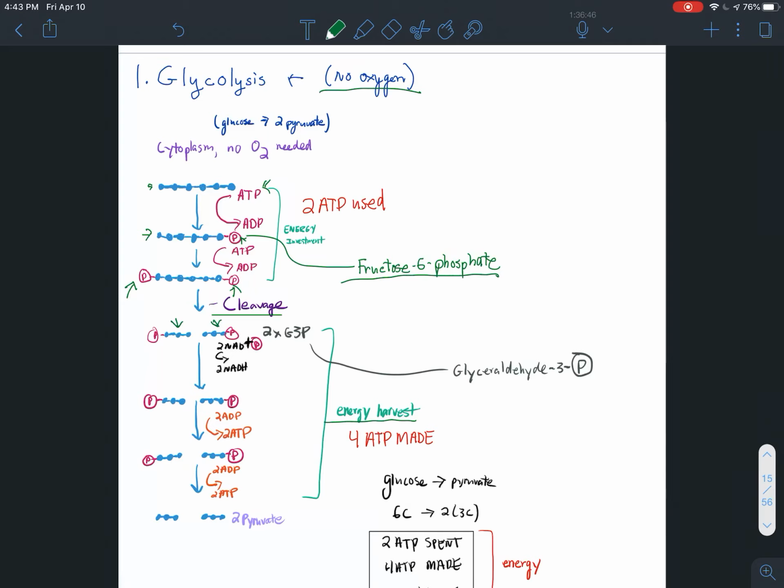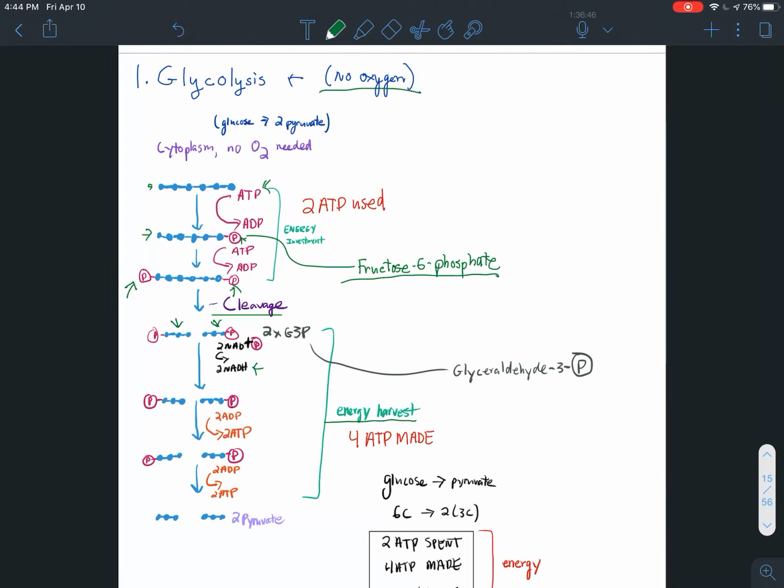We are then going to pull the energy off of the G3P using NAD plus and a phosphate group to make NADH, seen right here. But we're going to do this twice because there are 2 G3P. So NAD plus and phosphate are put in, and then 2 NADH comes out.